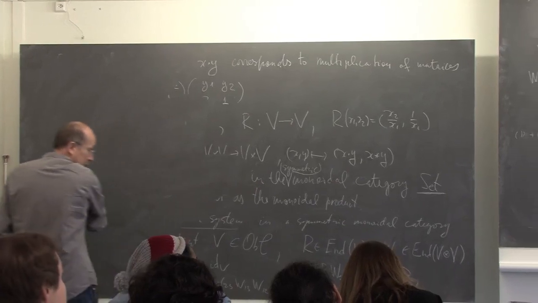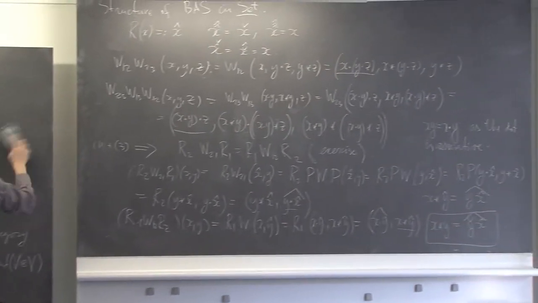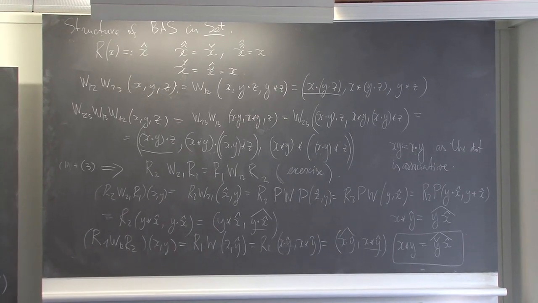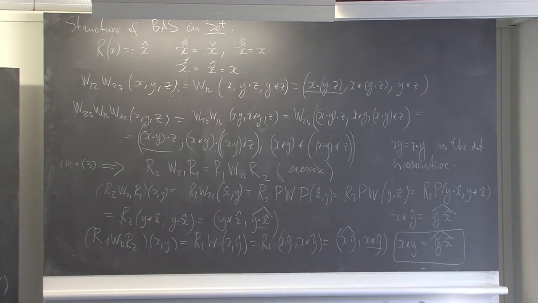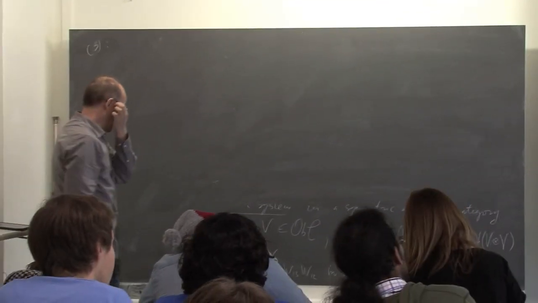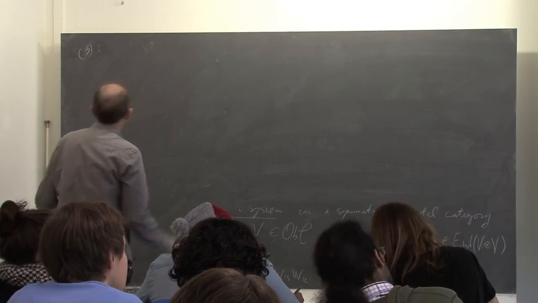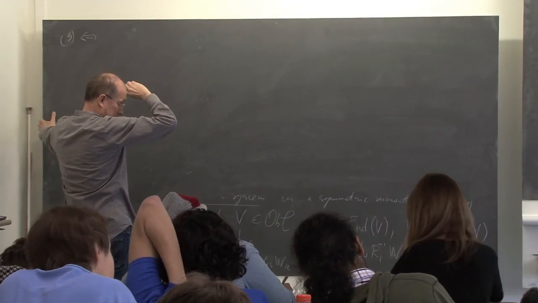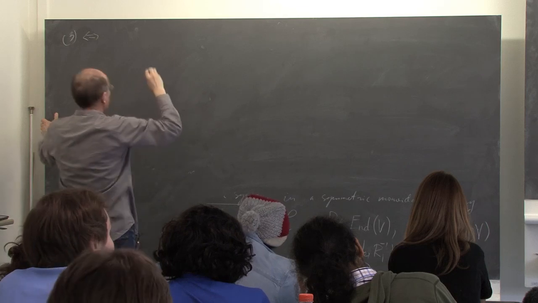And we come back to relation 3. So relation 3 tells us what? Let me rewrite it in a more symmetric way, maybe.